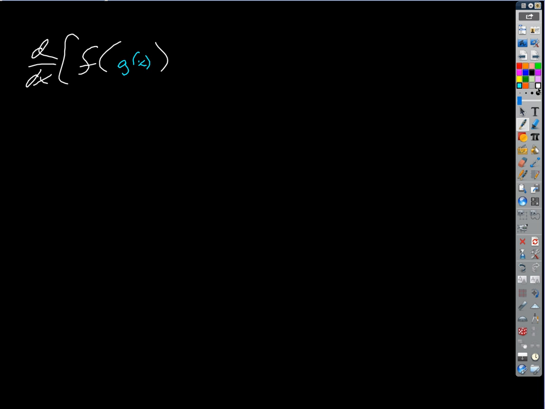This is just equal to f prime of g of x times g prime of x, right?